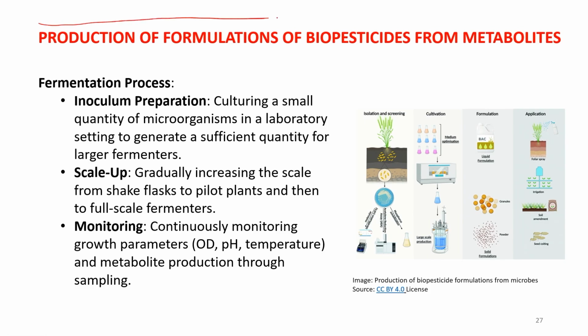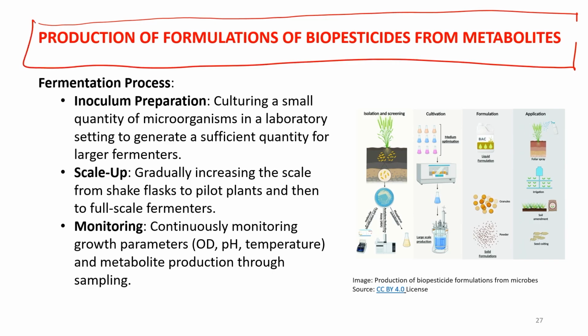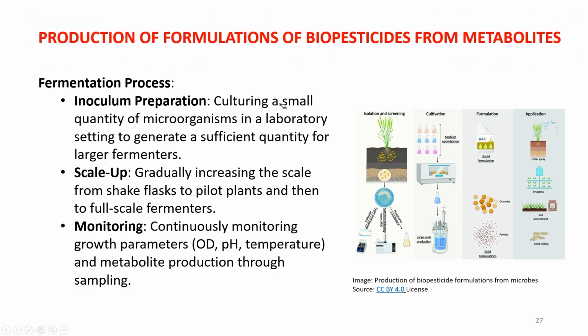Now, let us discuss the production of formulations of biopesticides from metabolites. Mostly we depend on fermentation, where we start with inoculum preparation. We culture a small quantity of microorganism in a laboratory setting to generate a sufficient quantity for large fermenters. So, we go for scaling up, gradually increasing the scale from shake flasks to pilot plants and then to full-scale fermenters.